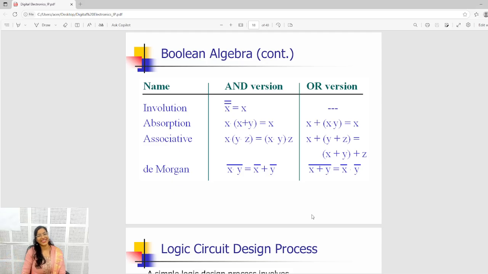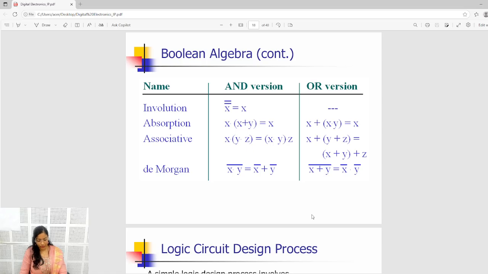The absorption law says that x dot (x plus y) will be x, whereas in the OR version, x plus x dot y equals x. The associative law says that x dot (y dot z) equals (x dot y) dot z. In the OR version, x plus (y plus z) equals (x plus y) plus z.